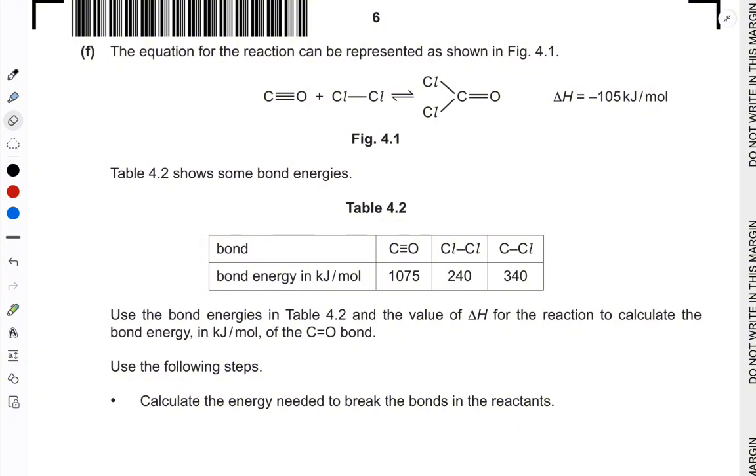Now here, try and understand this idea, it will help you. Remember, energy always goes in. This is bond breaking. Bond breaking is when energy must go into the system. Then you will have bond forming.